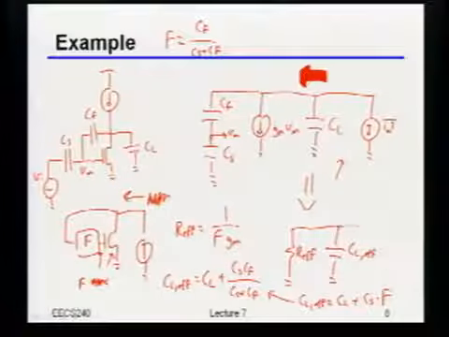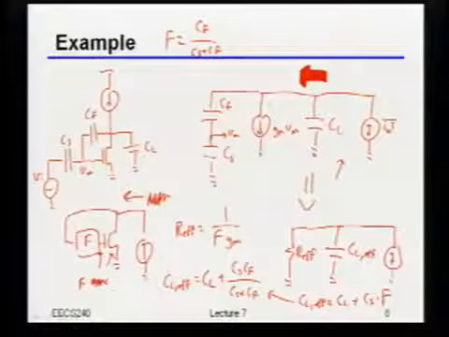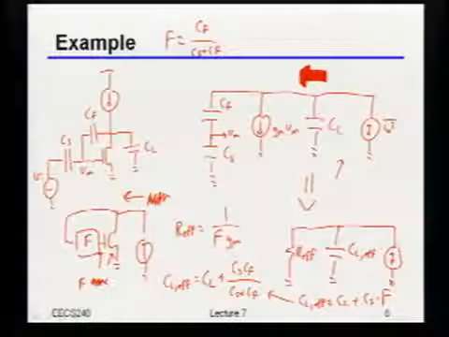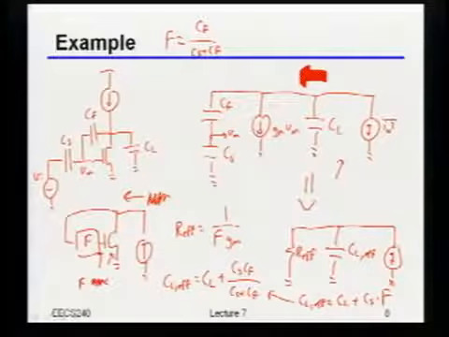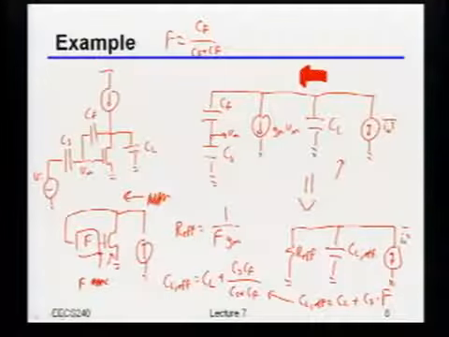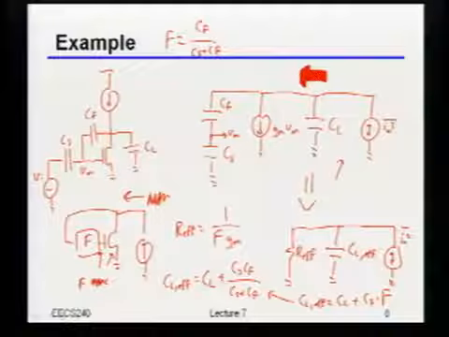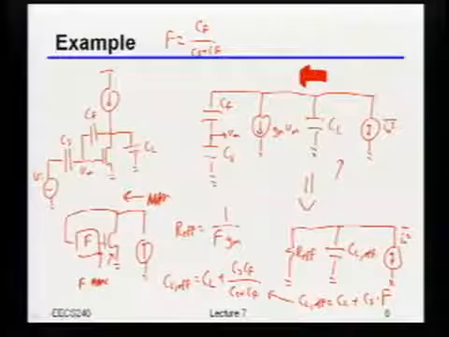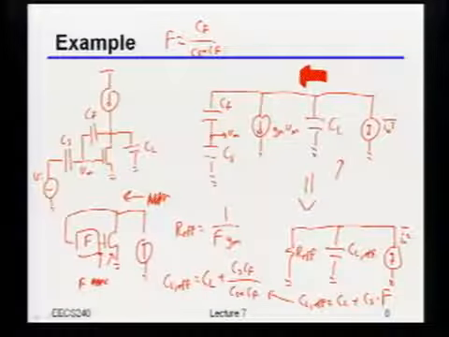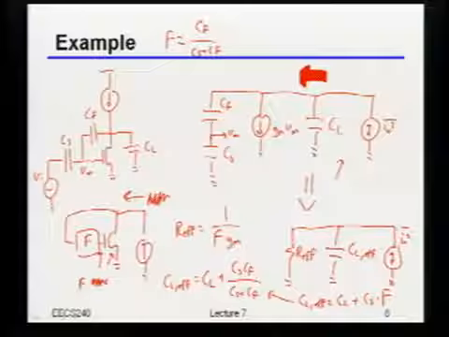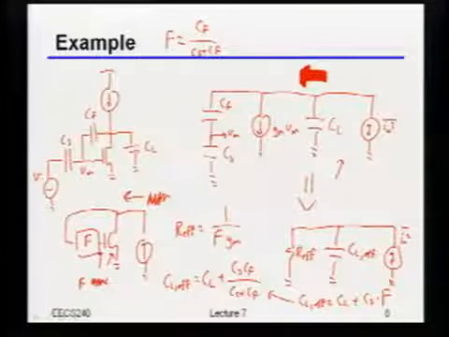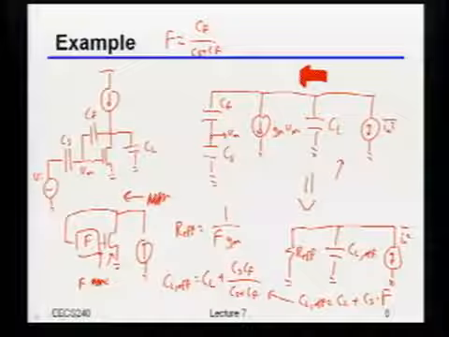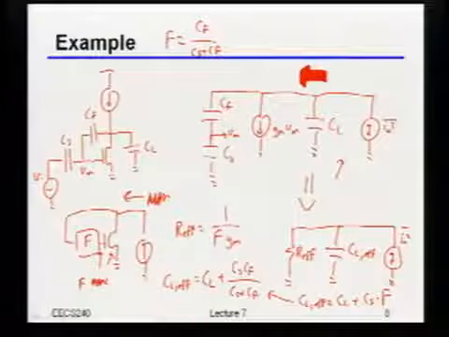Once I've done all this, I now just have that R effective in parallel with the CL effective, and then again my noise current generator. Well, good news is this is now really easy. This is just that standard, first order RC network that we've dealt with a bunch of times. Okay, so everybody finish copying this over. Just going to move to the next page so we have a little bit more room.